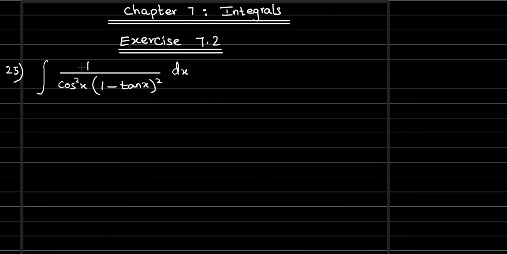Right, so when we rewrite 1 by cos square x as secant square x, the denominator function's differentiation we are able to see in the numerator. So we can assume 1 minus tan x as t, and then proceed with the integration. With small changes, the integral is secant square x by 1 minus tan x whole square dx.